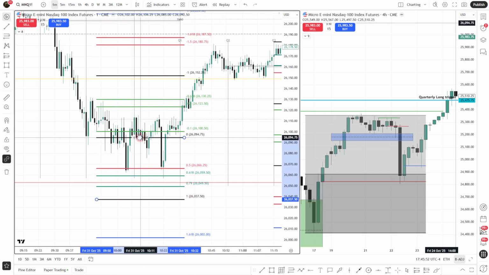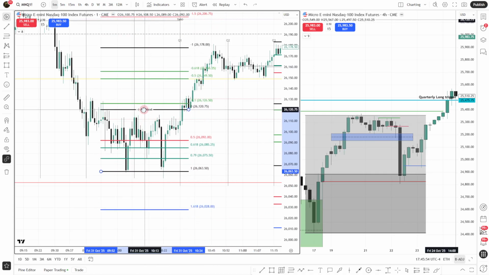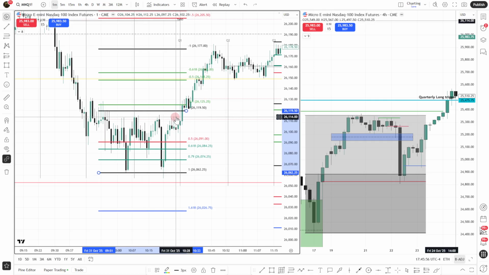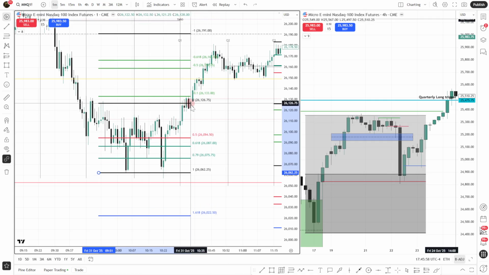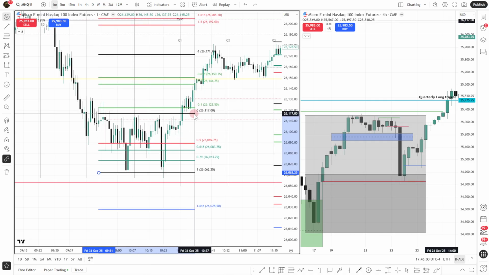Now this one looks good initially, right? To the high, nice retracement. We don't break out of the range, we come lower, we run this low, and we finally break out of the range, but this got ran.